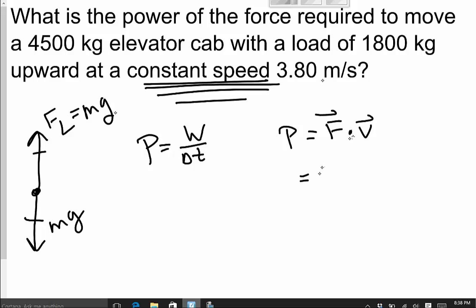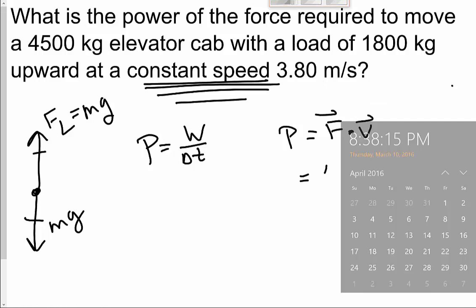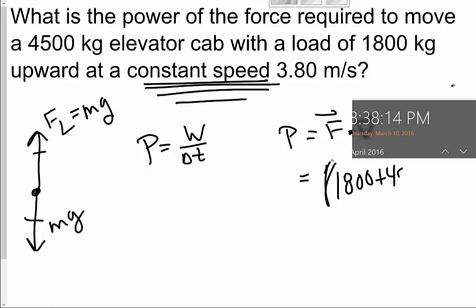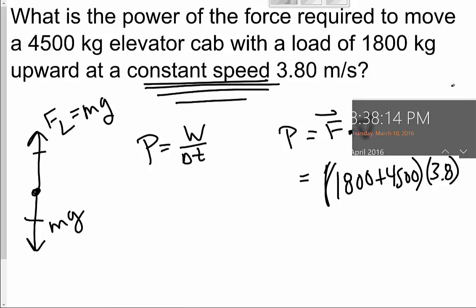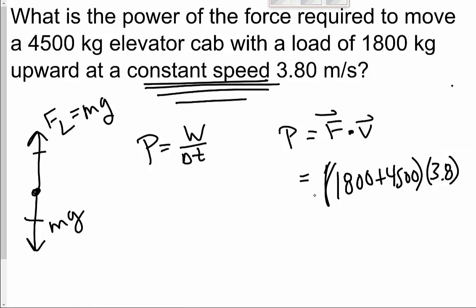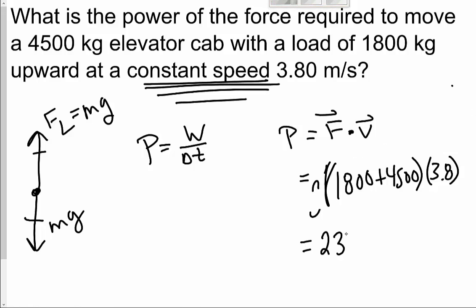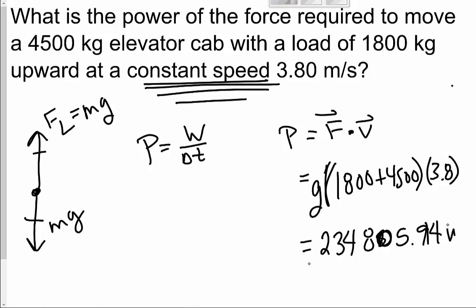So that's going to be 1,800 plus 4,500, times 3.8, and don't forget about g as well. And so that comes out to be 234,805.914 watts. Quite a lot of watts there.